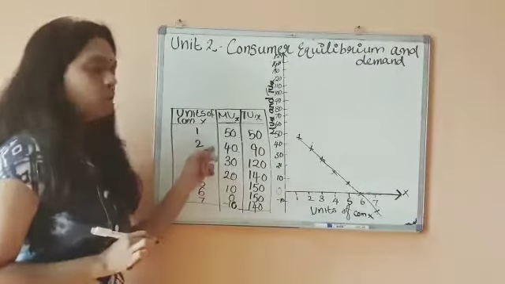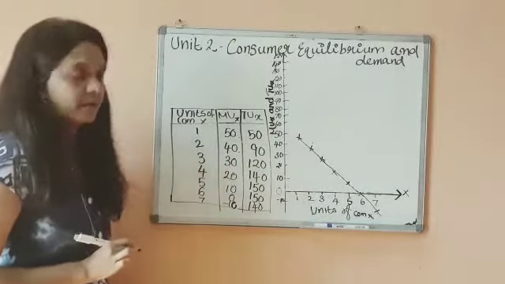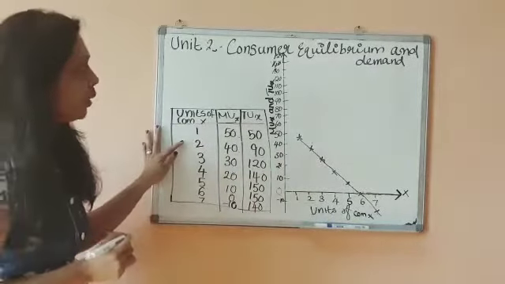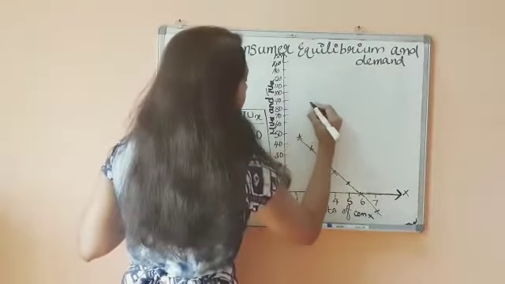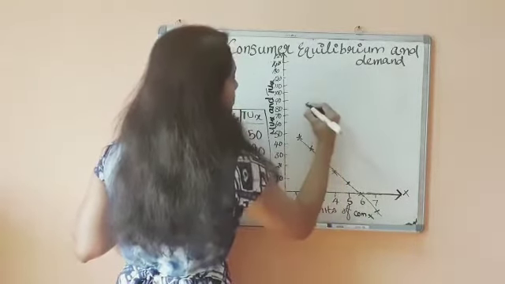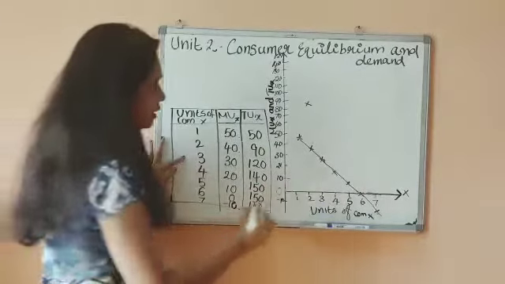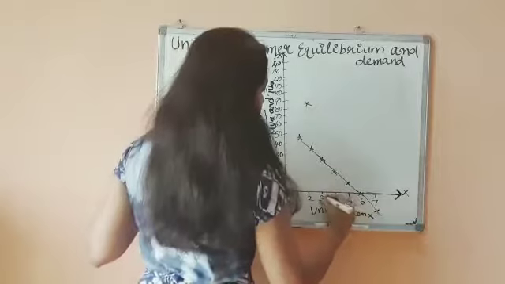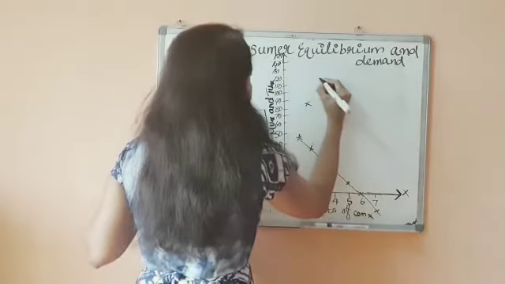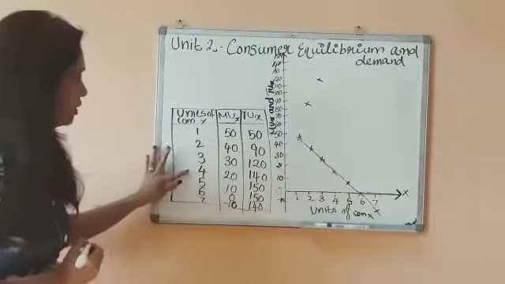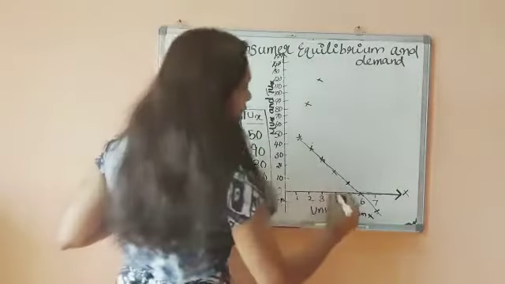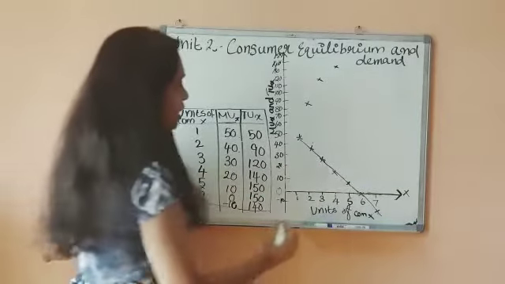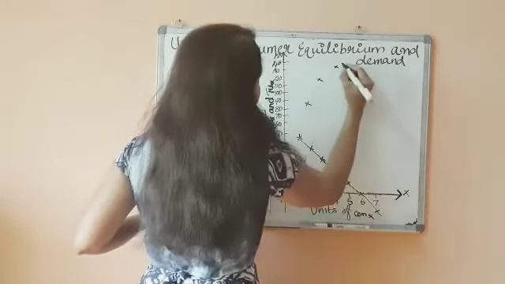Now I am starting with TUX. 50 only, here, the first one. 2 is 90, so 90 will be here. 3 is 120, 120 is here. Use a ruler, better for you. 4 is 140 here. Then 5 is 150.